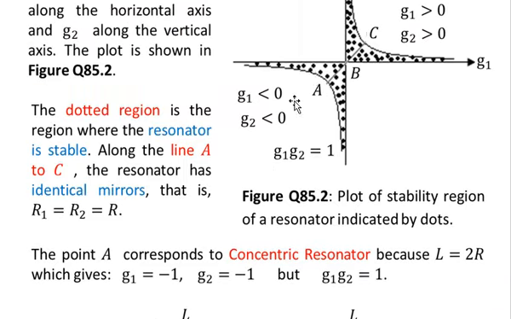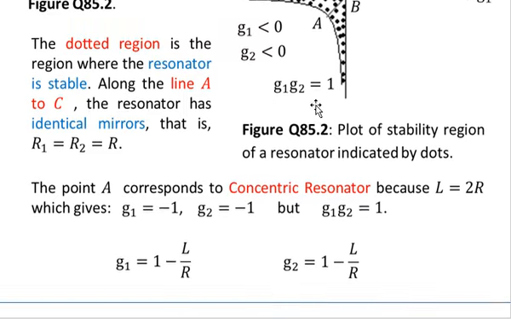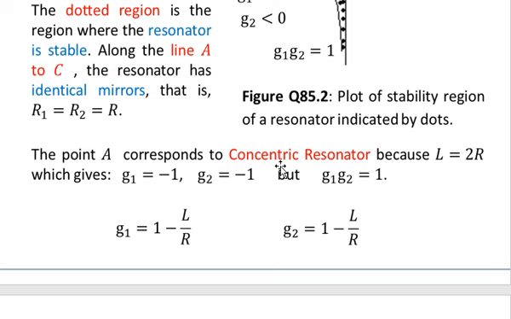Now we are going to do some calculations for the point A. The point A corresponds to the concentric resonator, because for such a resonator we have capital L is equal to 2R.